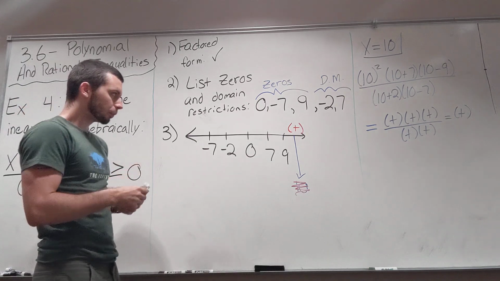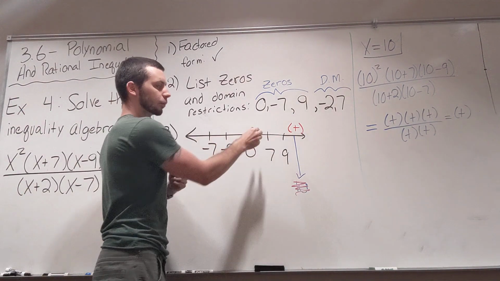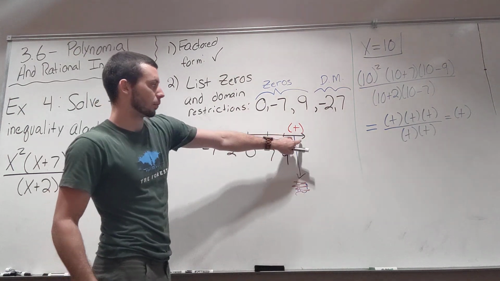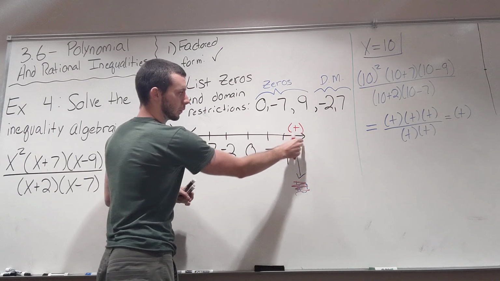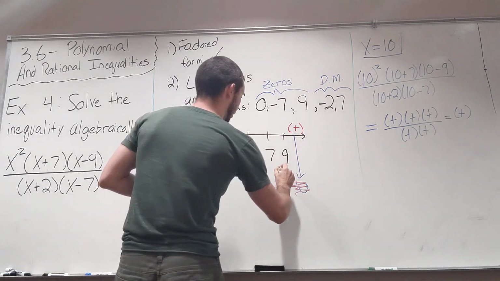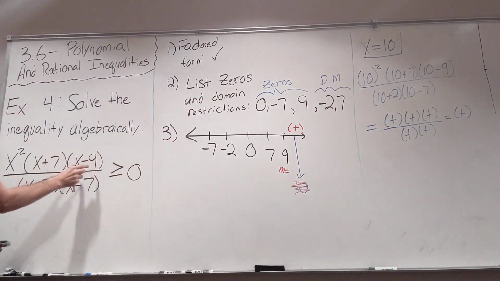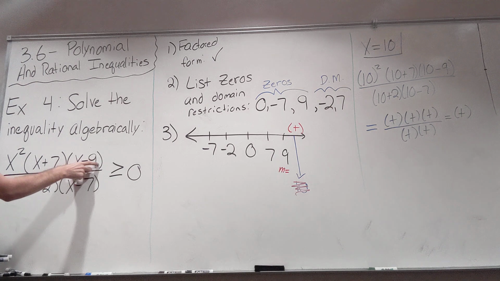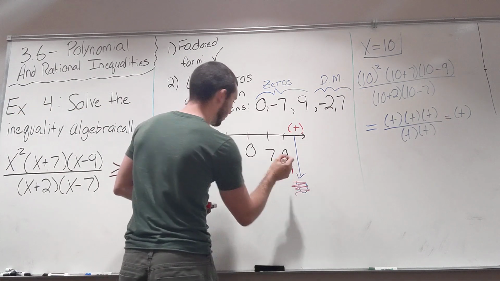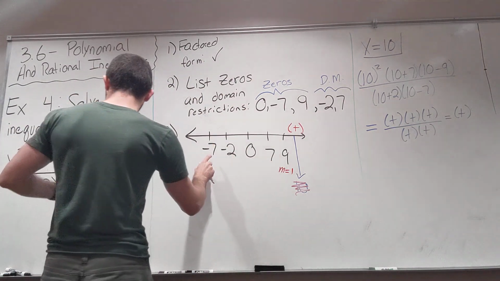And so now we can fill in the signs of the other segments by using the multiplicity idea. So to go from this segment to this segment, we have to dance around the 9 here. So the multiplicity of 9, that 9 came from this factor right here, and it has an exponent of 1. And in fact, we can go ahead and do this for all of these right quick.